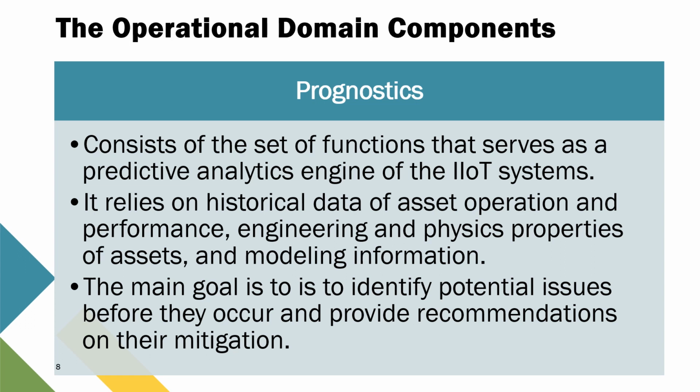When all of this data is gathered together, they can predict what will be possible problem that might happen within like 1 month or 2 months or something like that. So then they can identify this potential issue before they occur, and then provide recommendation on their mitigation.